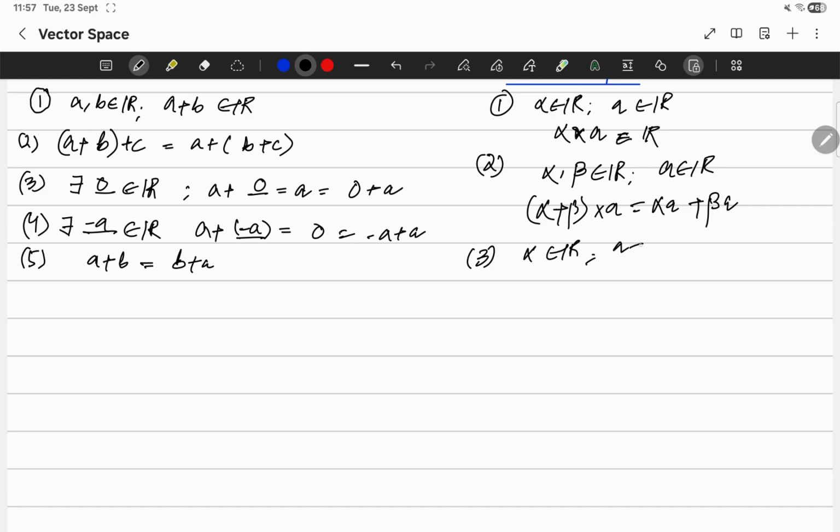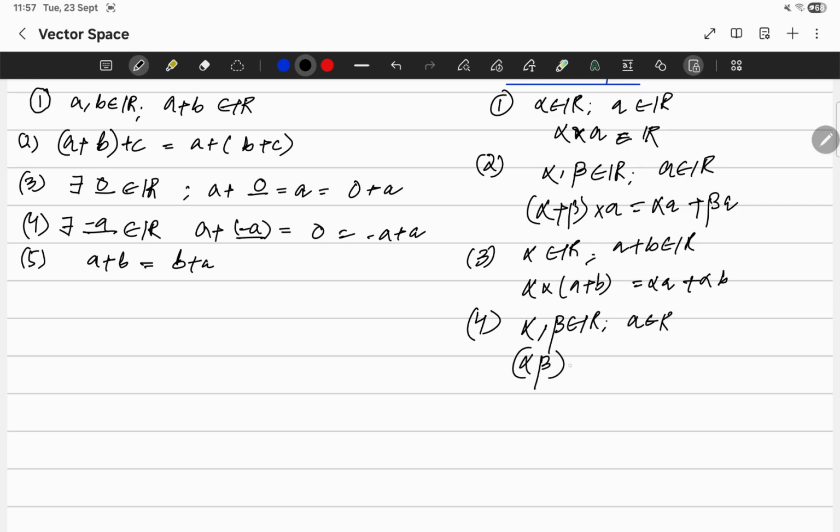Take alpha from R, take the two vectors A and B from R, so alpha times A plus B should be alpha A plus alpha B. It is distributive, as I told you, it is a field. Now alpha, beta from R, A is from R, then alpha beta of A will be equal to beta alpha of A, and there should be one element from R such that A times that element should be A. You know that is 1, so the unit is 1 here.